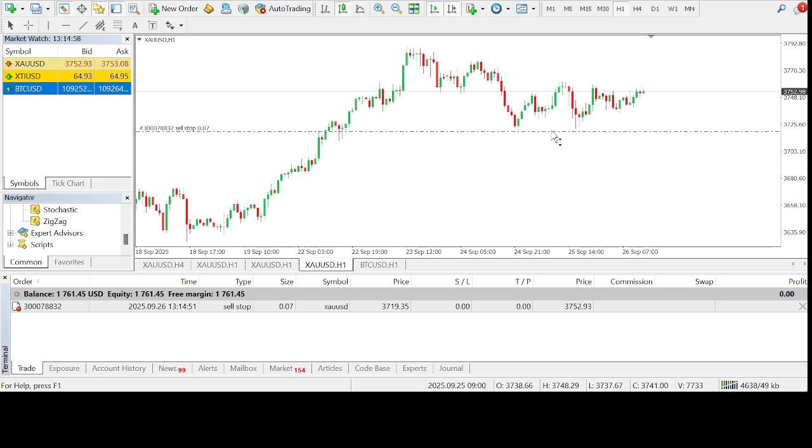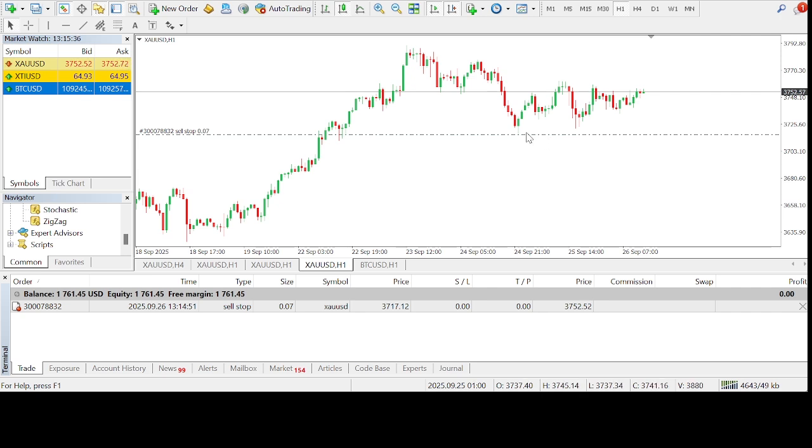Assuming you have done your analysis and come to the conclusion that gold will be selling past this level, or whatever level, it depends how you see it, because gold has been rejecting this point here. The best thing you can do as a beginner is to place it just below the wick. This is the wick, this is the rejection wick.